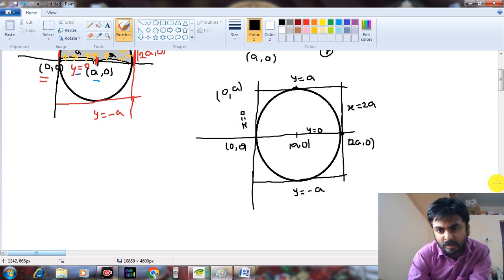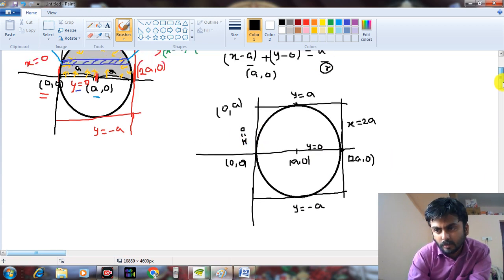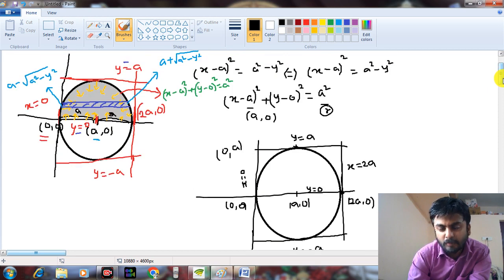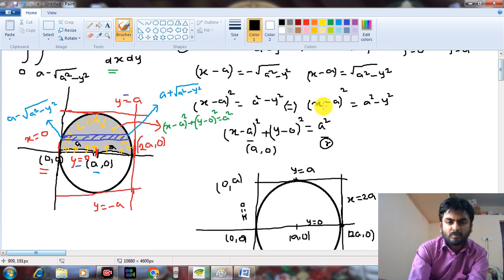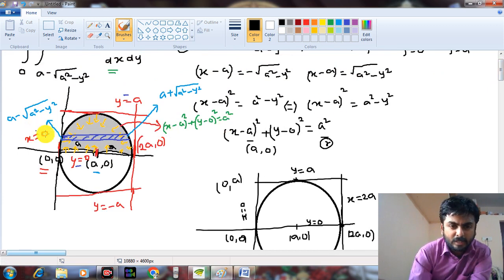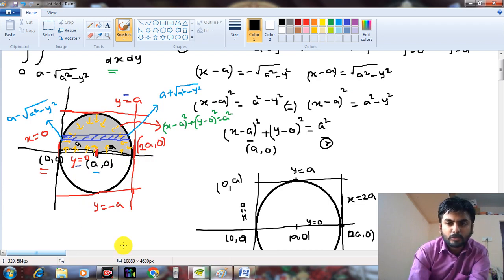So we have drawn the same circle, but one thing I have to mention: I have mentioned the left and right limits of this circle, but there are top and bottom limits also.